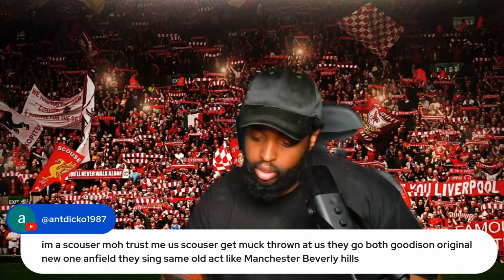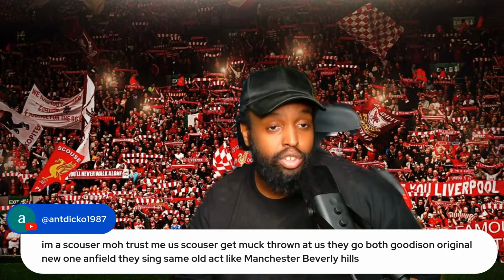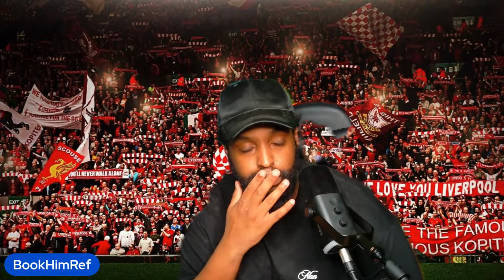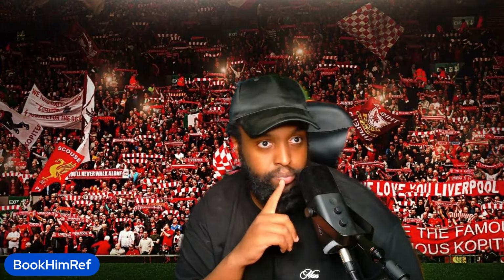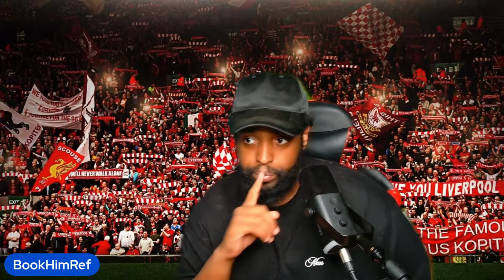I only started living in Manchester in 2013, and from then until late 2025 I was rarely seeing Liverpool shirts around.